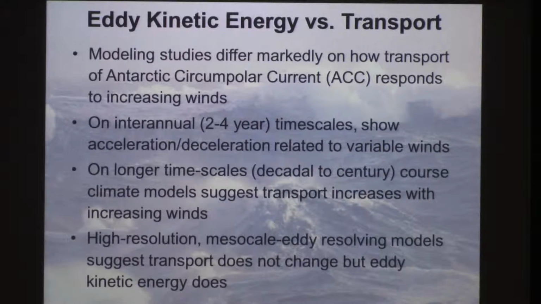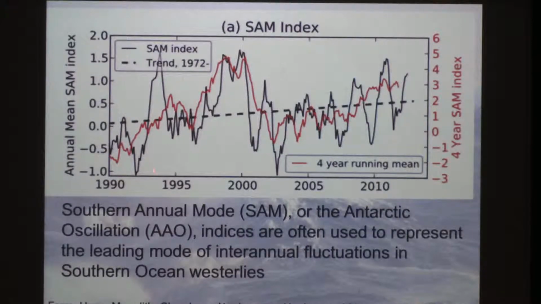Is the eddy kinetic energy increasing? Is the transport increasing? Because we do know that over the last 20 years or so, the Southern Ocean winds have been slightly increasing over time. So it's common to look at this Southern Annular Mode or Antarctic Oscillation index as an indicator of the change in southern winds, because that's the leading mode of the southern winds.